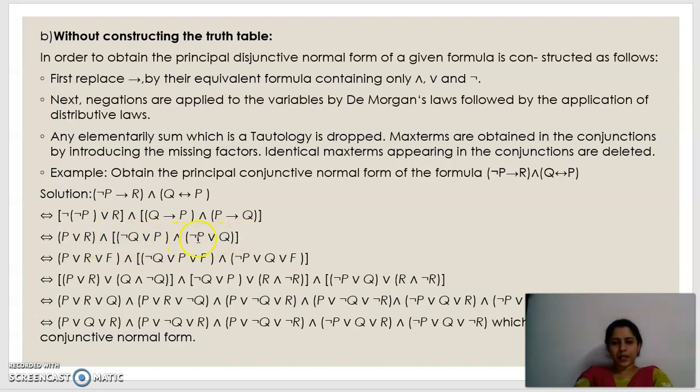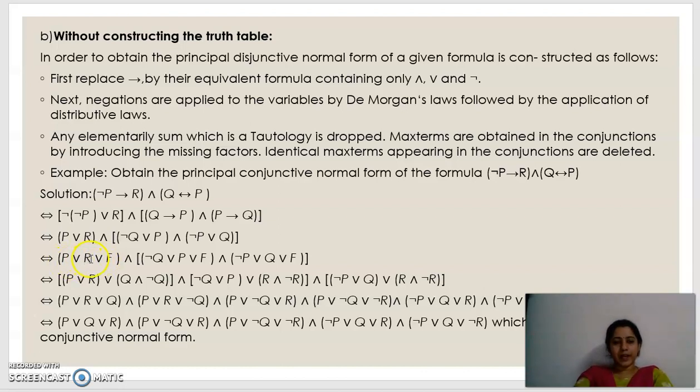In the third part, P, Q are there and R is missing. So you have to add OR F to the first term, again OR F to the second term, and again OR F to the third term.